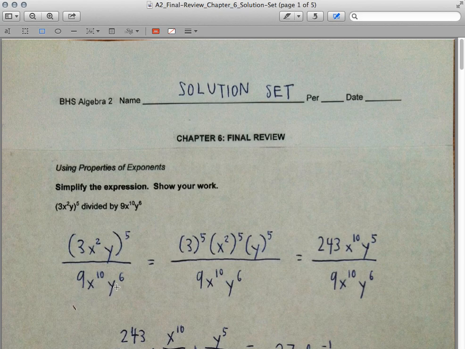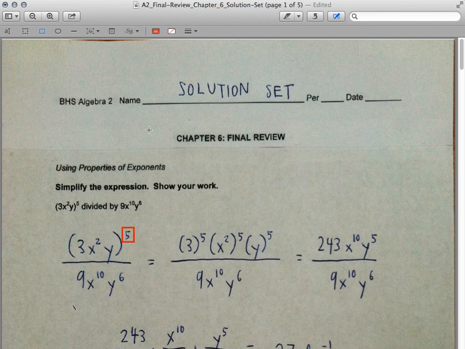Now, if we remember some of our exponent properties, one of them is the product power, which says that if we have terms being multiplied in a set of parentheses together, such as the case in our numerator, then we can distribute the exponent to each term that's being multiplied in the parentheses.